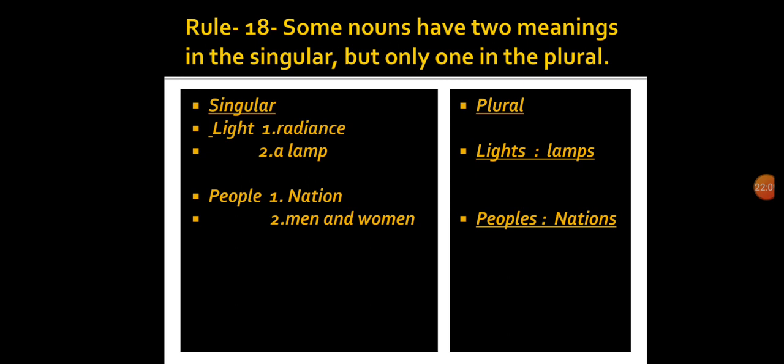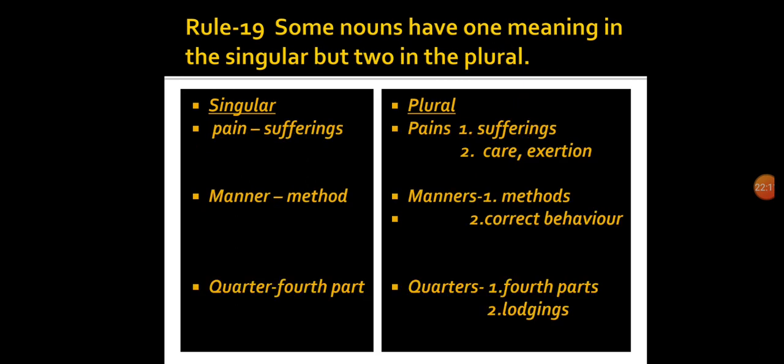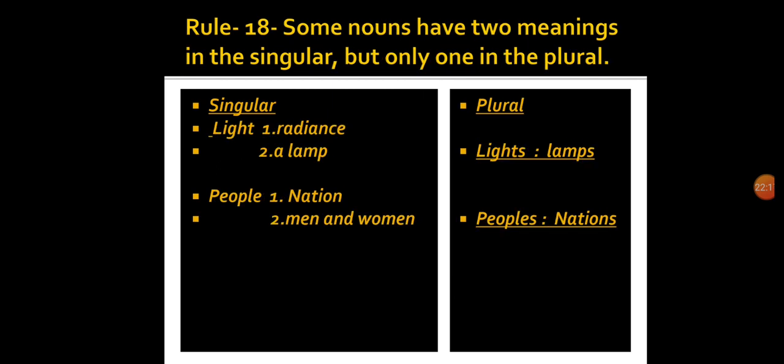Second word is people. Its one meaning is nation, and its second meaning is men and women, while its plural is peoples for nations.